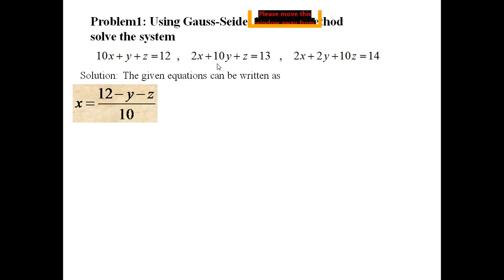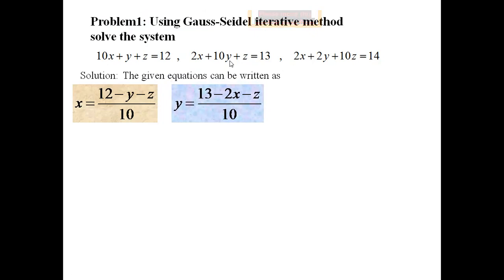In the second equation, the coefficient of y is larger, so write the value of y in terms of the remaining two variables. Here 10y is equal to 13 minus 2x minus z, divided by 10, which gives the value of y. So y = (13 - 2x - z)/10.